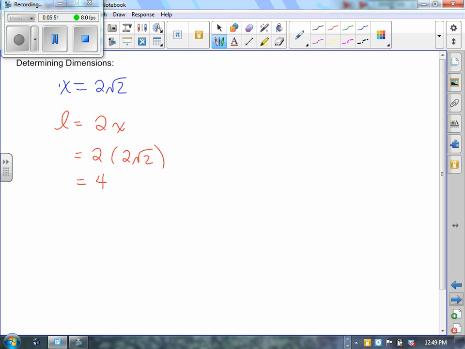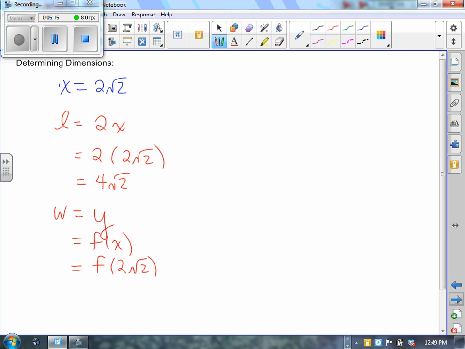So in this case, 2 times 2 is 4. So 4 root 2 would be the length. And then remember how we had denoted the width as y, which is f at x. So what we need to do is to determine what that value will be. So we want f at 2 root 2.